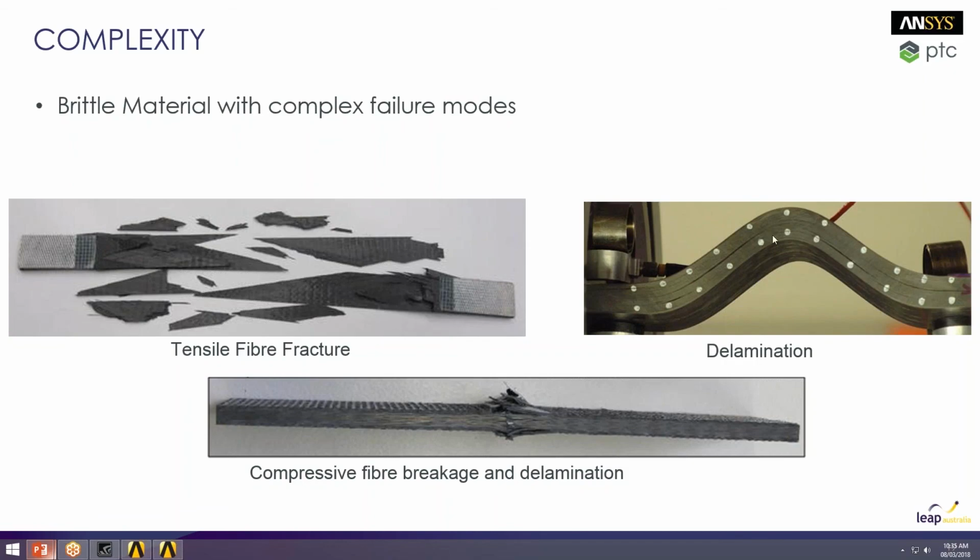We're squeezing this composite component and the plies are beginning to separate, and that's because the matrix material is so much weaker than the fibers. It doesn't take a lot of force to pull it apart, and this can be difficult to see in a physical inspection of a part. So it's quite dangerous when we're talking about damage resilience.